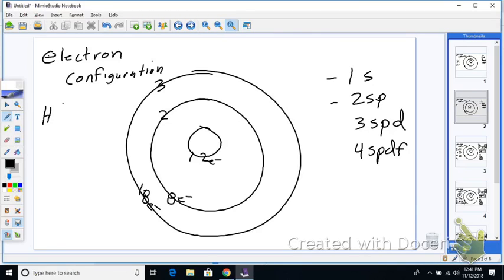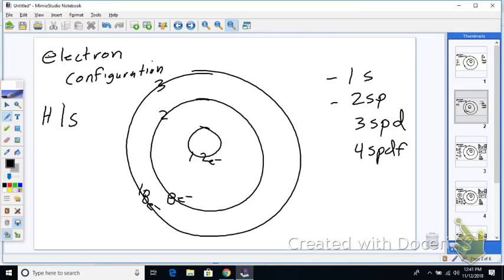So where's the first electron going to be in hydrogen? It's going to be in the first level, so we're going to write a 1 for that. What I'm writing now is electron configuration. I'm saying what level that electron's at and what sublevel it's in. It's in the s sublevel, so it has a sphere shape. Remember I showed you with the balloon, the sphere shape.